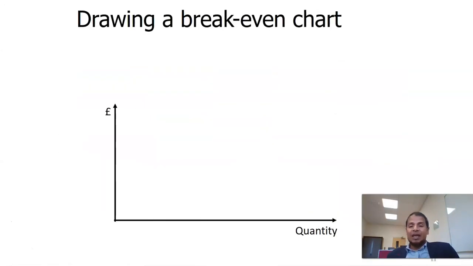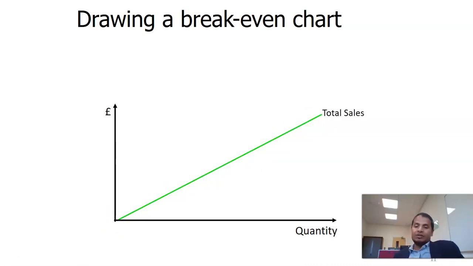So if we draw, this is what it should be, starting from 0. This axis is the revenue, the amount, and this axis is the quantity, the level of activity. If it starts from 0, that means it is sales revenue, the total sales curve. And this is fixed cost, obviously.